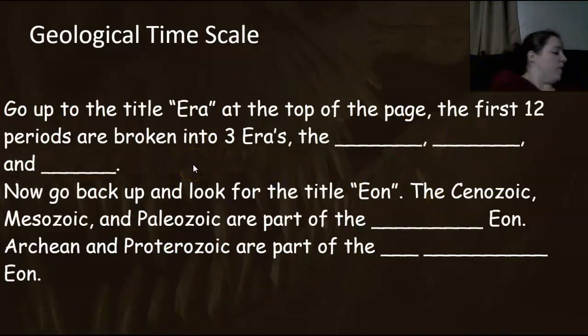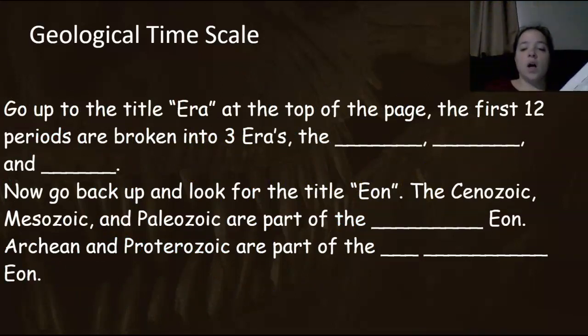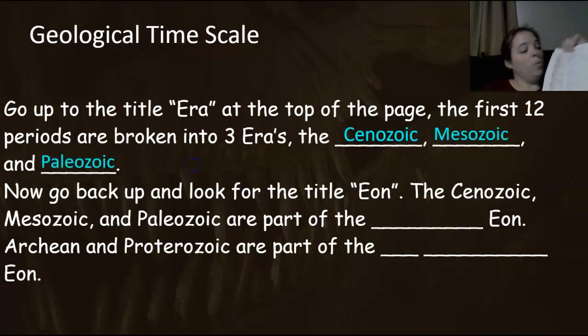So go to the top of era right here. At the top of the page, page 8, the first 12 periods are broken into 3 eras. You have the Cenozoic, Mesozoic, and Paleozoic. And if you go back up to eon, so there's my era, and my eon is right here.